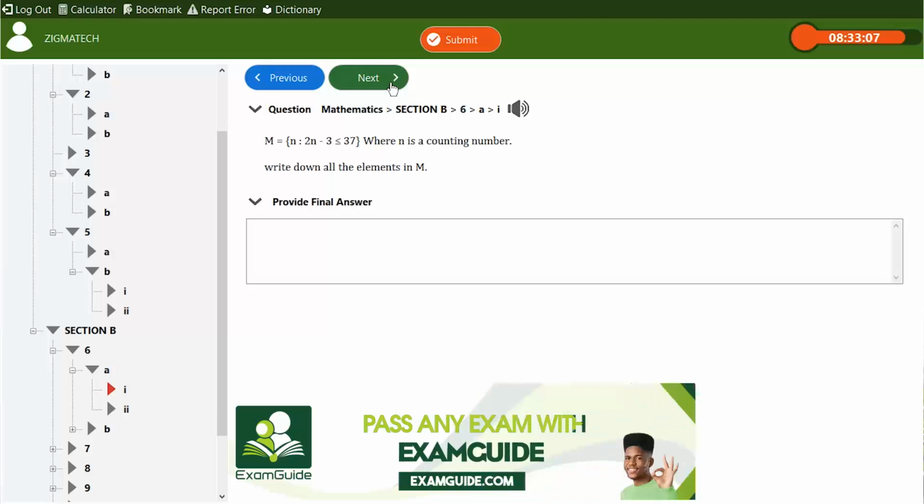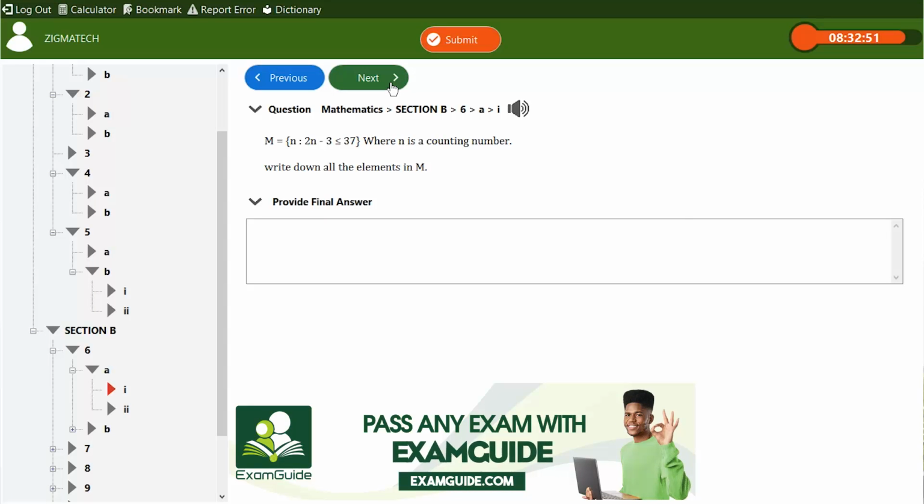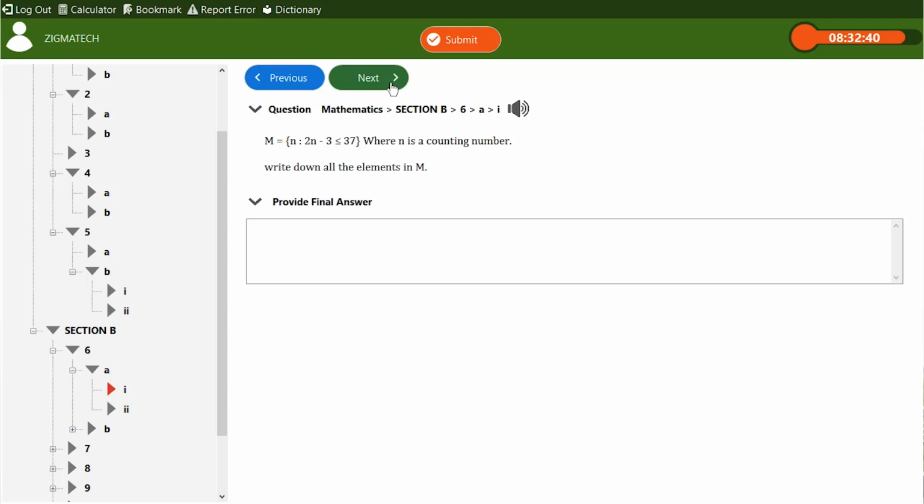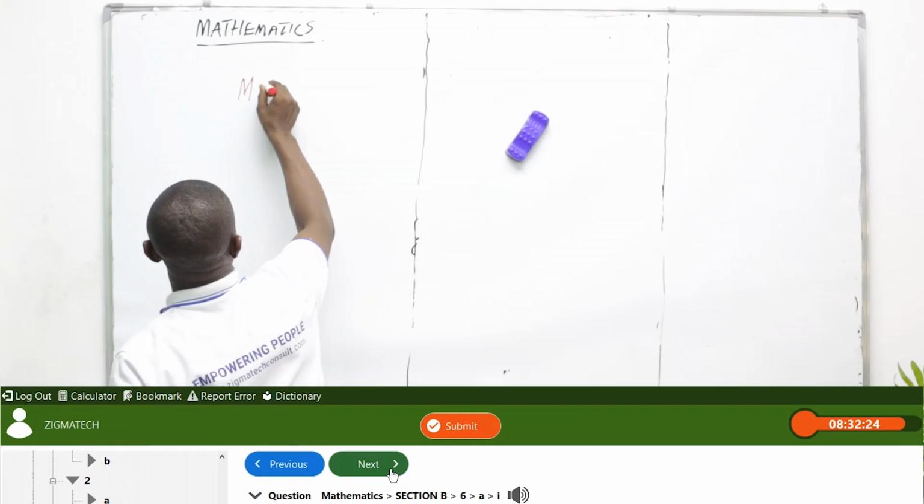Section B: M equals open brace, n is to 2n minus 3 less than or equal to 37, close the brace, where n is a counting number. The question you have to ask yourself: what do they mean by counting number?